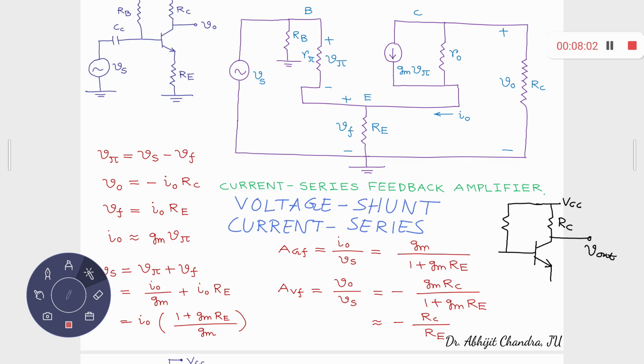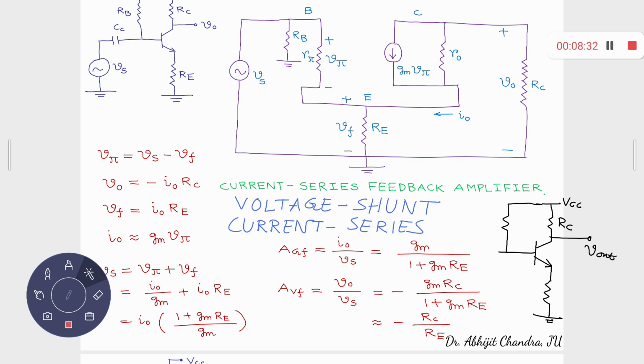So for example, it might be something like this. You have a resistance, right? And if I connect this voltage over here, it becomes a shunt kind of mixing.